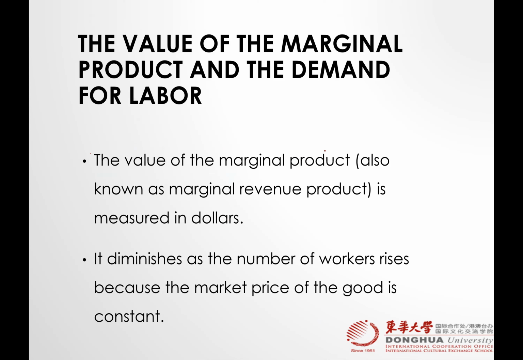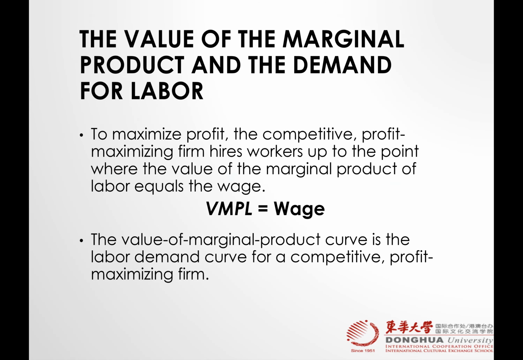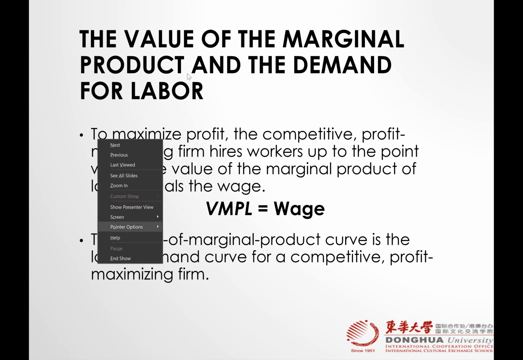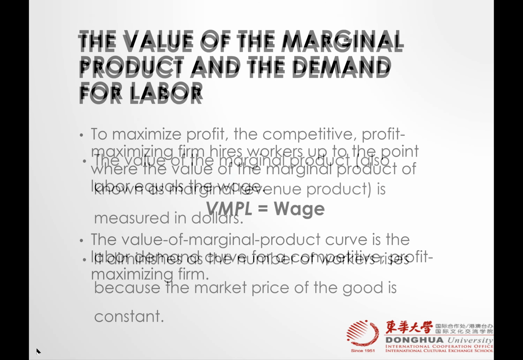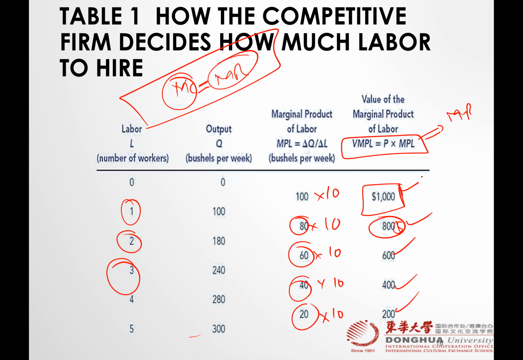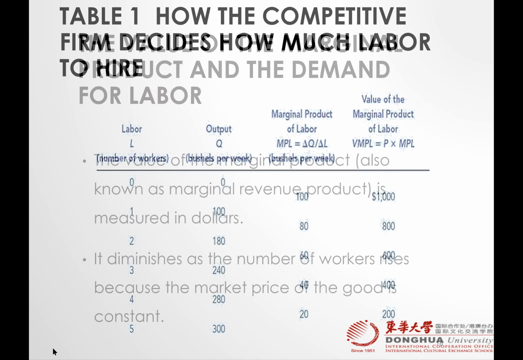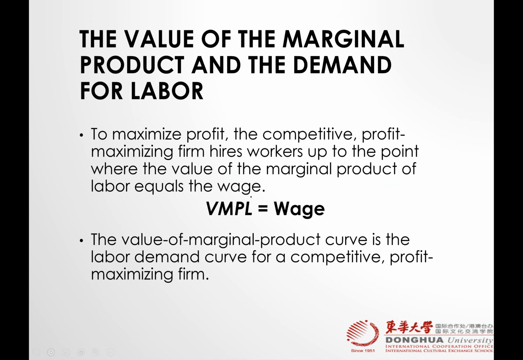So let's explain the value of marginal product. Like I told you, it is the marginal revenue of the product. It is measured in dollar terms because we multiply it with the per unit price. It also diminishes as the number of workers rises, while the market price of the good is constant. You can see in our previous slide that the value of the marginal product of labor decreases due to diminishing marginal product.